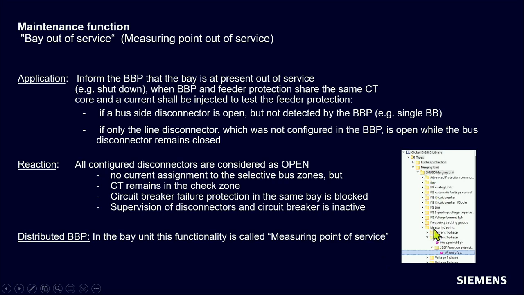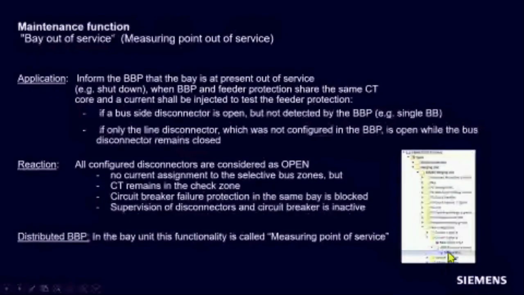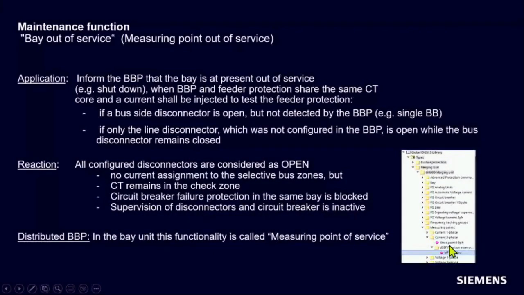Here, the device name, measuring points, here current three-phase. And here you have this folder, distributed busbar protection function extension, and here you find this measuring point out of service. And you have to drag and drop it to the measuring point you want to bring out of service. Okay.